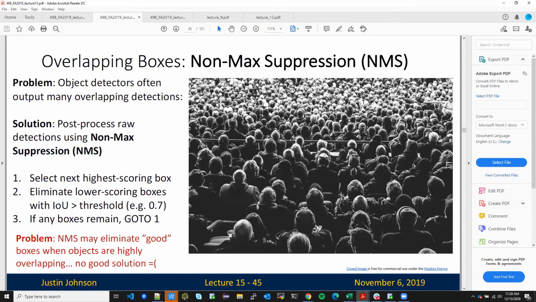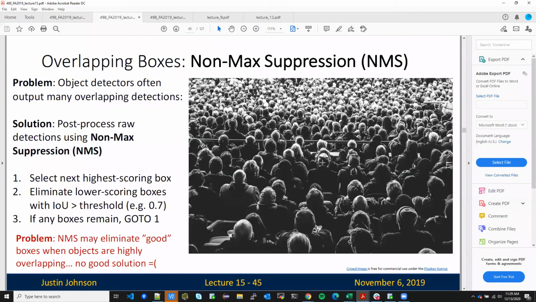People have noted that this NMS approach might eliminate some good boxes, and there has not been a very good solution so far. Maybe in an airport security application, if you have a lot of people, it might be hard to detect where each one is in a dense image like this.